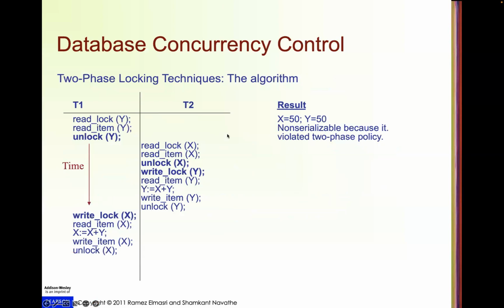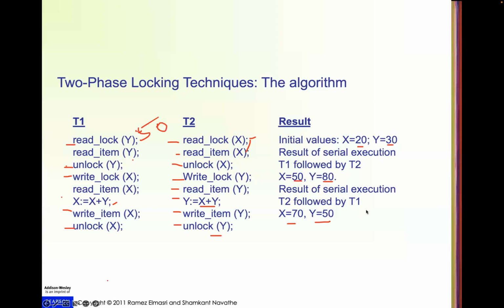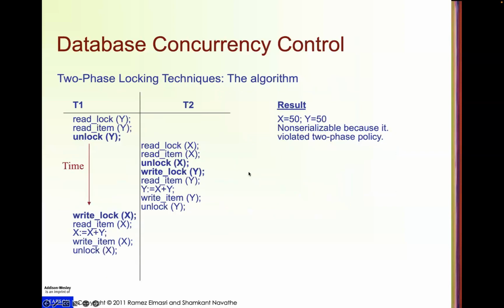Two-phase locking technique. This one was applying the two-phase locking with serial execution. Now let us see how to apply the two-phase locking with non-serializable execution. It is non-serializable because you see here what we are doing: we put a read lock on Y, then we read the item, then we unlock it.